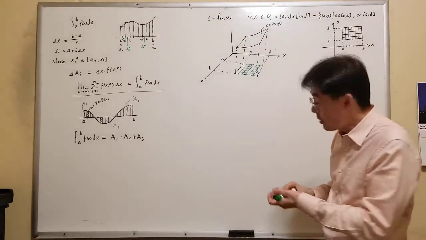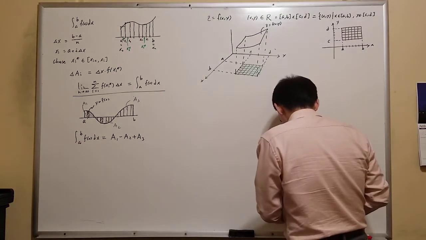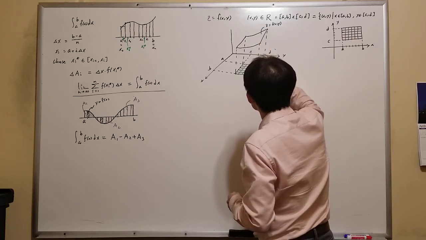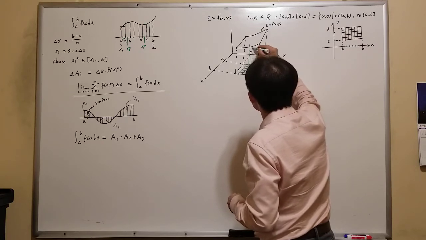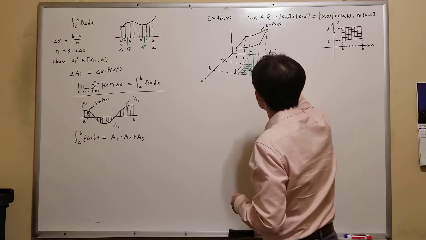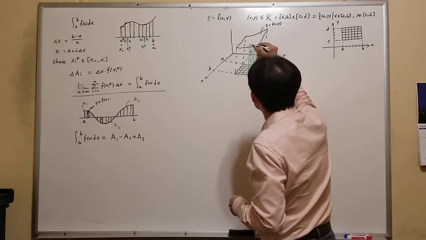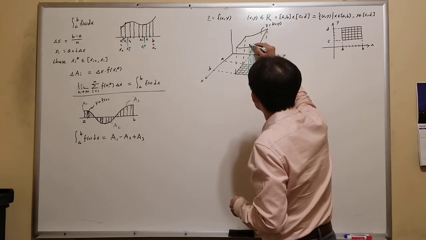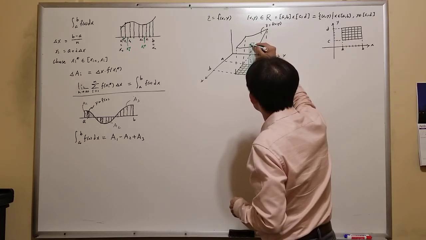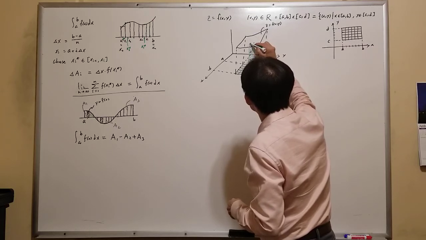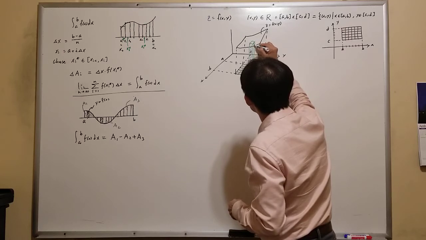Now the way we do that is, think about one column. Think about the rectangular column rising from this little subrectangle.